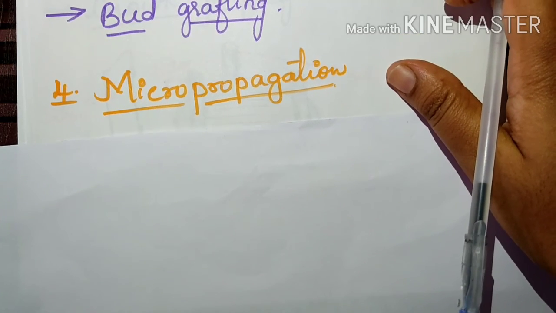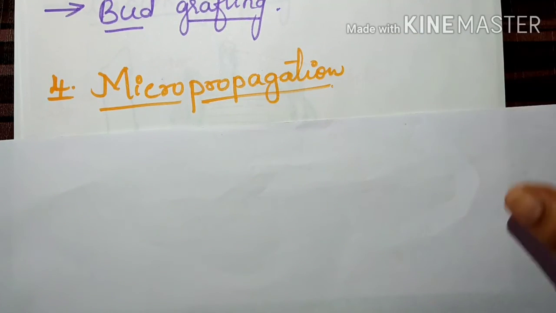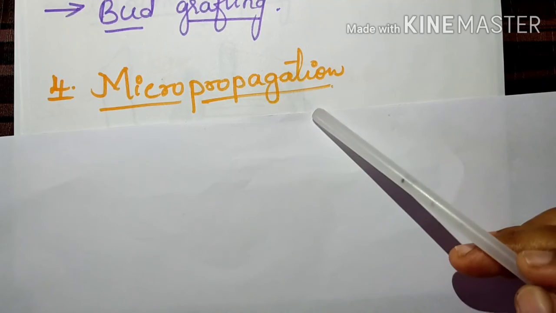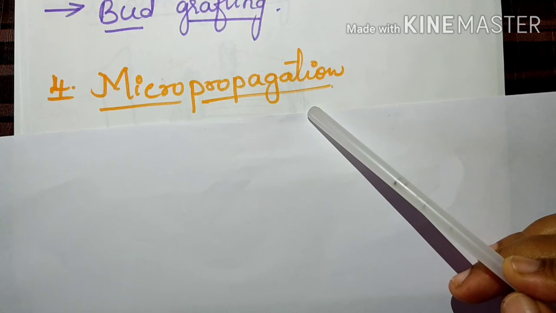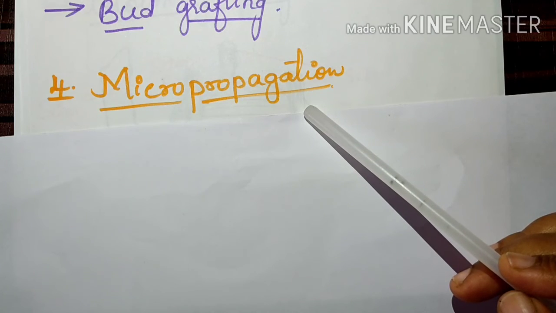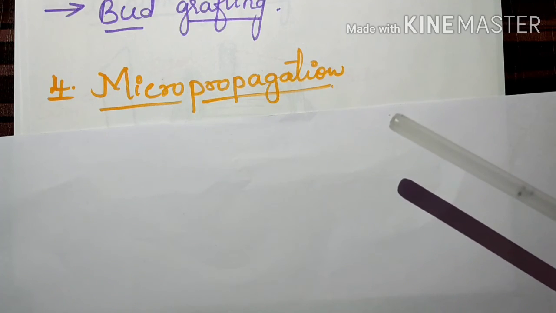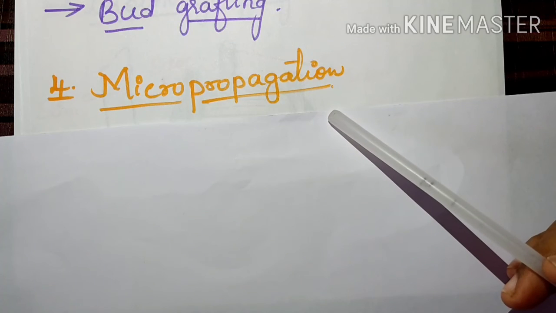Another important method of artificial propagation is micro propagation. This method includes propagation of plants by culturing the cells or tissues of that particular plant, and it is also known as tissue culture.